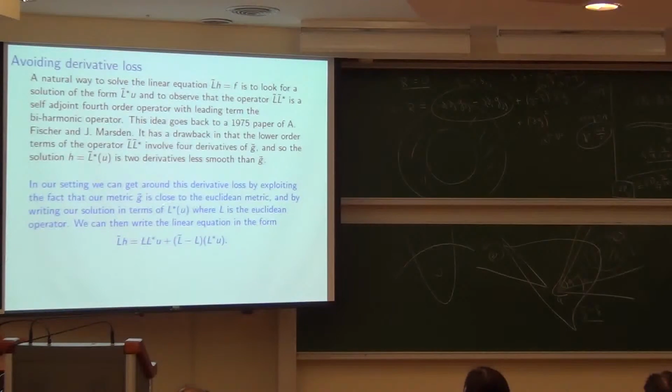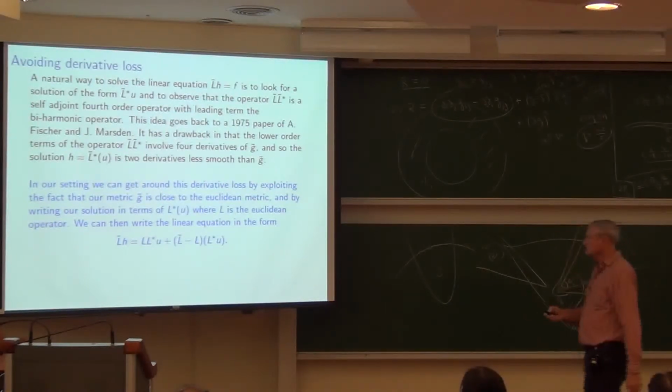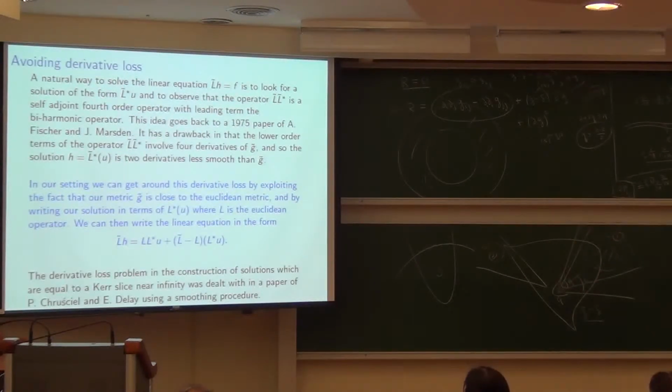So instead of parameterizing in terms of L tilde star u, we can look at L star u. Then we can write L tilde h as LL star, that's the Euclidean one, plus the difference between the two operators. By doing that, you save the loss of those derivatives, and that's why we prove the sharp theorem derivative-wise.